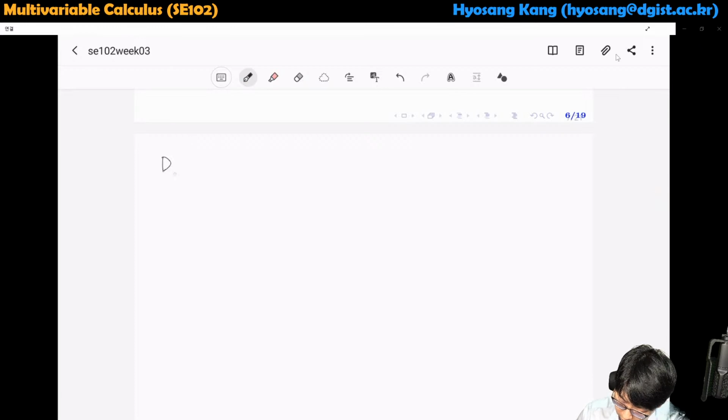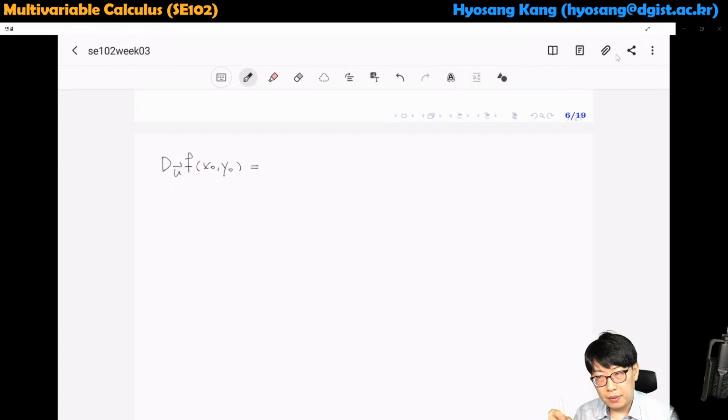So the directional derivative can be written as the inner product between the gradient and the vector u. But let's try to see why this is true.